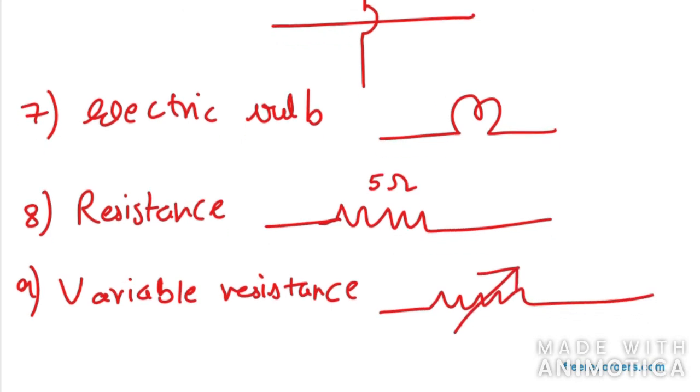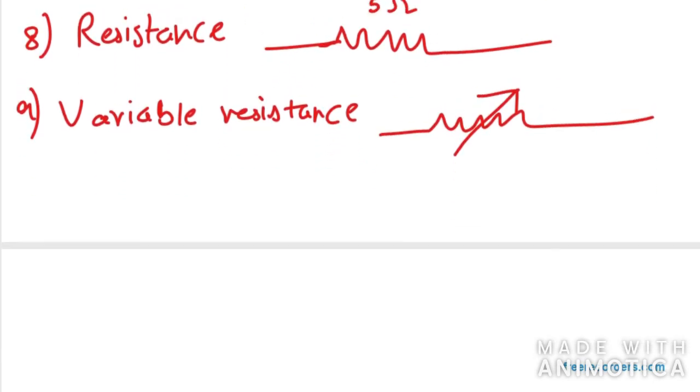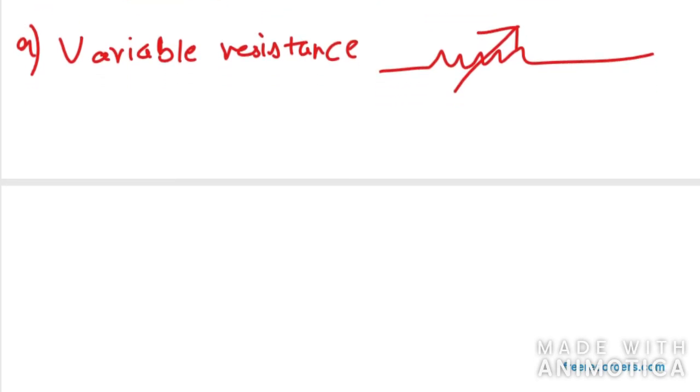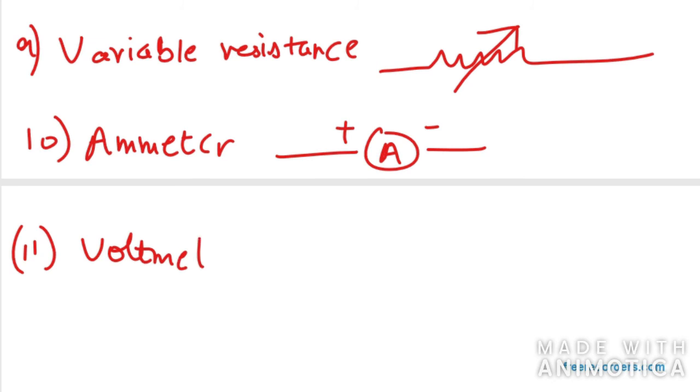So we can change the values of resistance in the variable resistance, but not in the simple one, that is resistance. Now the 10th is the ammeter. An ammeter is a single A within a circle and a plus and a minus sign. The 11th is the voltmeter to measure potential difference. So again in a circle, V with plus and minus.